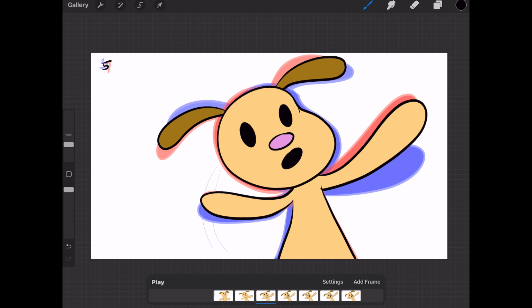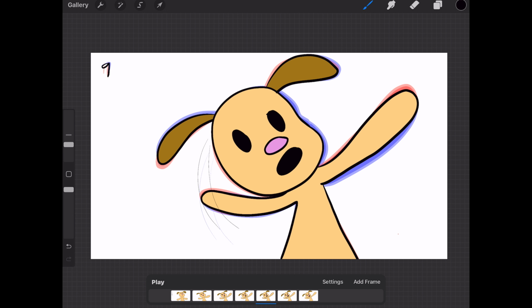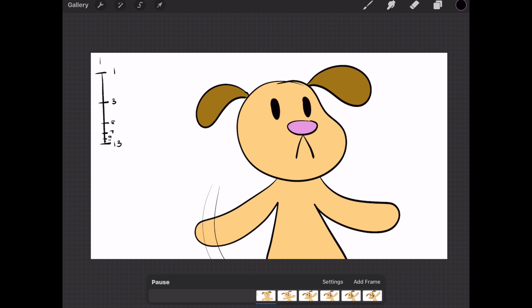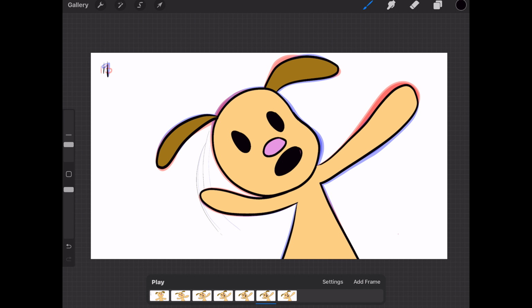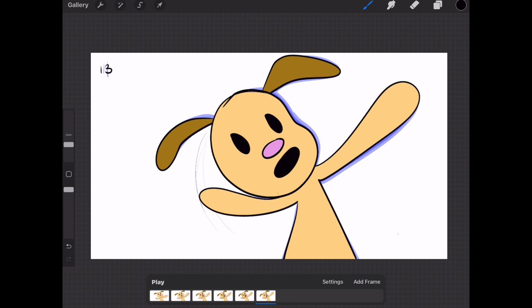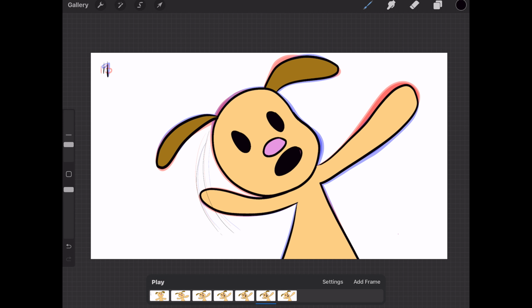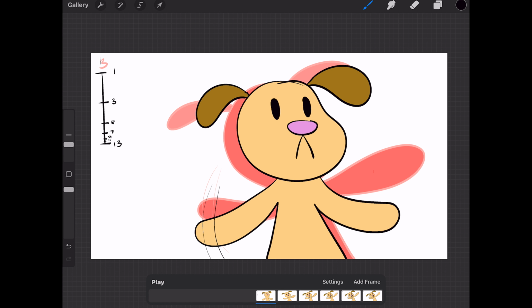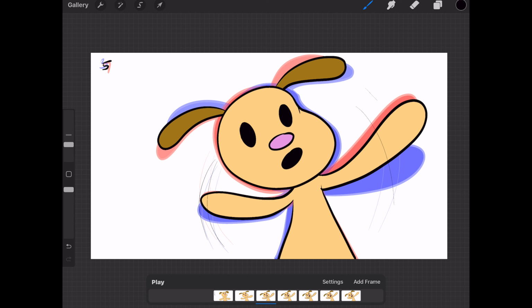I also thought it would be a good idea to add these motion lines, just sort of like an old school cartoon. I love these motion lines. You add these motion lines a lot when you're animating. It adds a lot of motion, and this is how you do it. You don't have to do it in every frame.